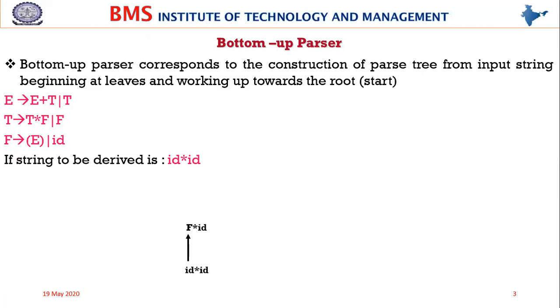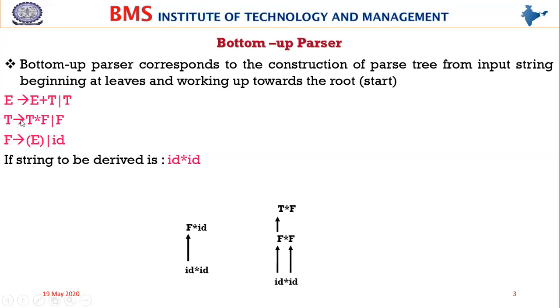And in the next step, we can replace the second id also by F, correct? Actually, this is not obtaining the rightmost derivation. We shall see an example wherein the rightmost derivation is obtained. As I told you, we are doing it manually, right? The next step, we can replace F by T. Why can I replace it by T?